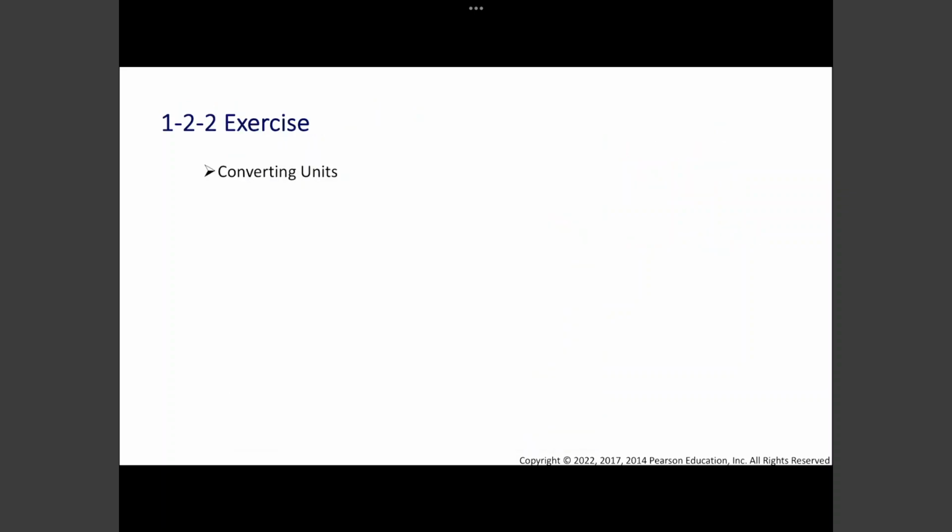Now let's see some examples of unit conversions. A baseball has a diameter of 75 millimeters. Can you give the diameter in meters and kilometers? Here the standard unit for measuring length is meters.